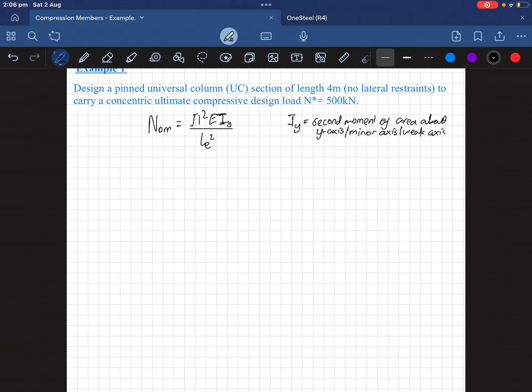If you have an I section like this, this here is the major axis XX, and this is the minor axis YY. So that's something to keep in mind.